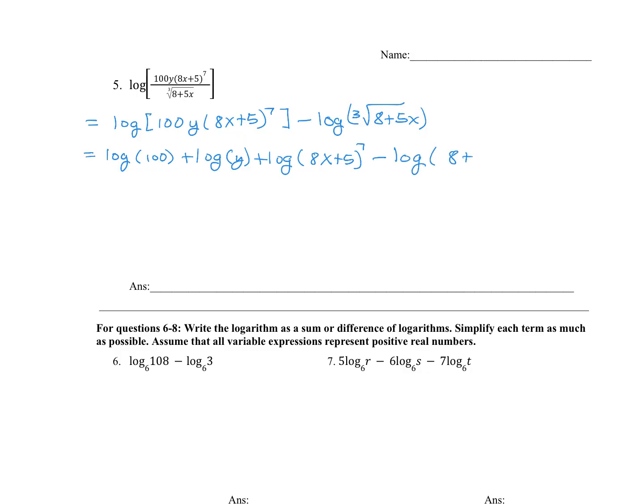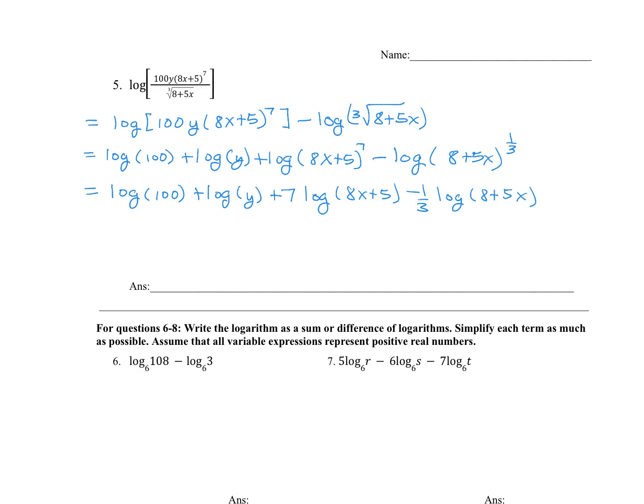That is (8 plus 5x) to the 1/3 power. Next thing for us to do is to bring down our powers. This is a log of 100 plus the log of y plus 7 log of (8x plus 5) minus 1/3 log of (8 plus 5x).